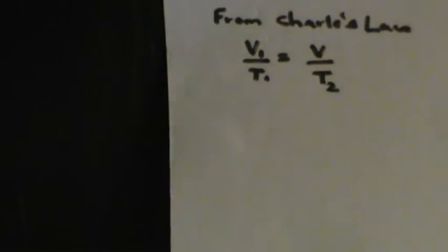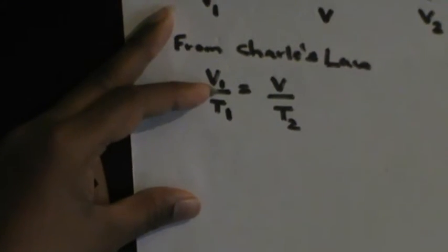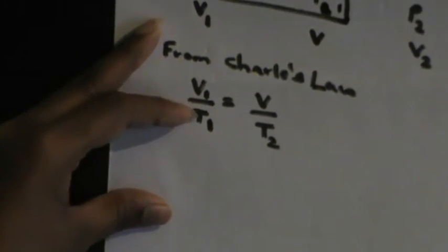From Charles' law, you can say V1 by T1 is equal to V by T2. Now assume that T1 and T2 are both absolute temperatures. I have not assumed that T2 is greater than T1. T2 will be any value, T1 will be any value, and I will not use the constraint of whether the volume is increasing or decreasing. I'll just say it's changing. So it's simple to understand.